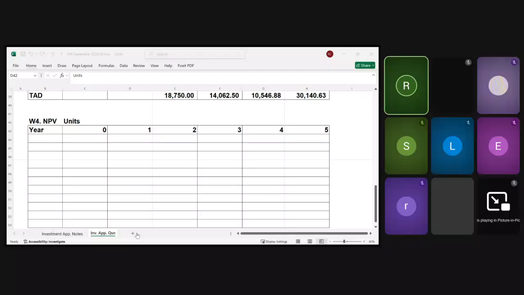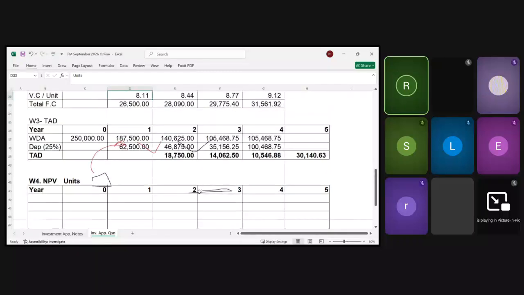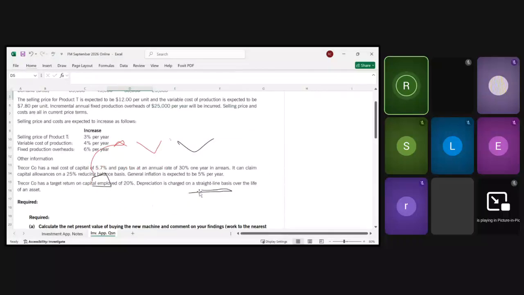Sorry about that. Let me put my units on top there so that I don't confuse myself by mixing figures with those that are not required. Let's look at our units.